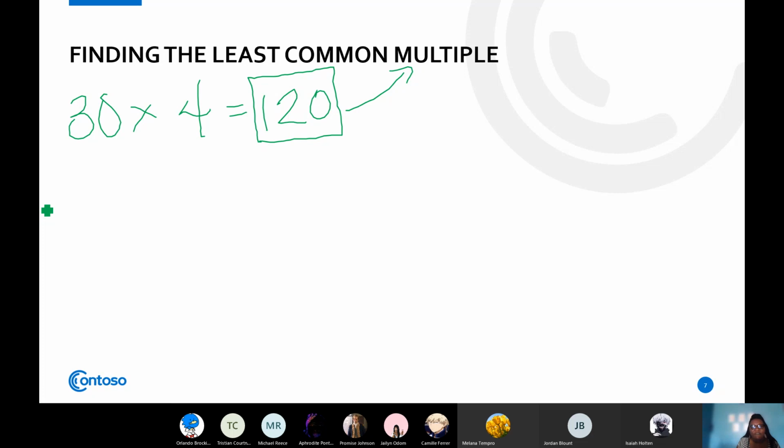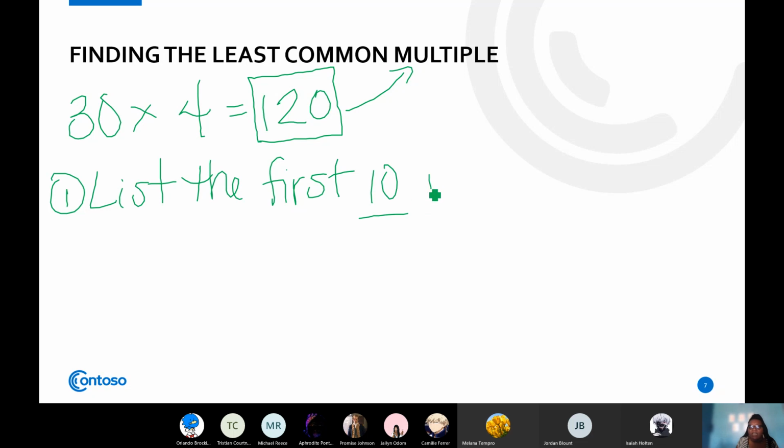So step one, when finding the least common multiple, is to list the first 10 multiples of a factor.